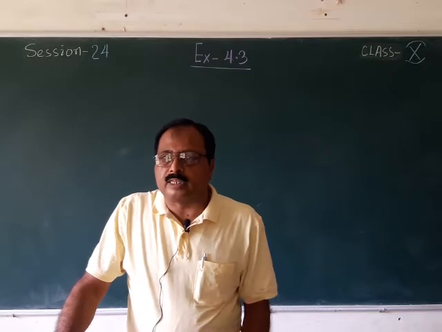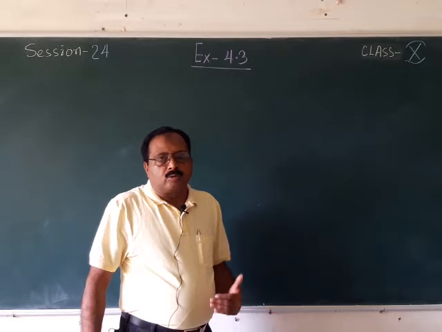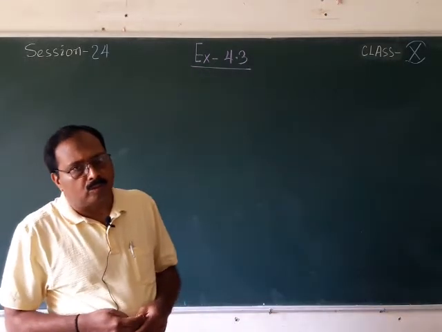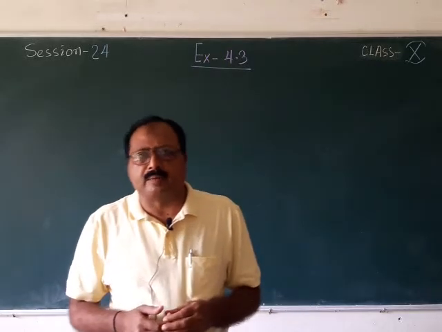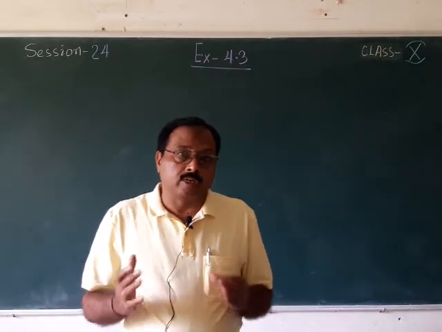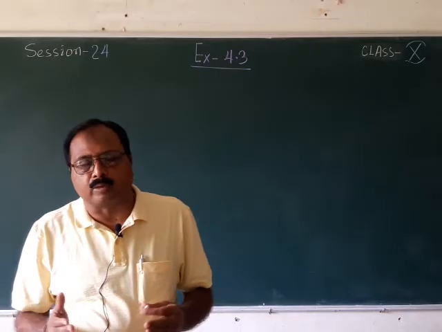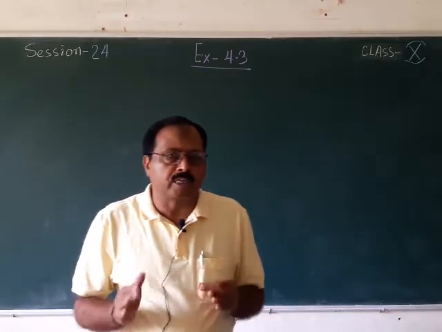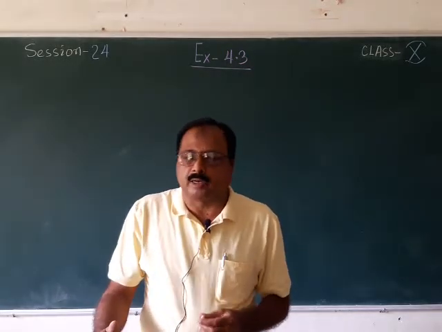If the value of D is greater than or equal to 0, then there is a real root. One more thing: when D is equal to 0, both the roots are equal. That means whatever value you get for alpha, that is the value for beta also.